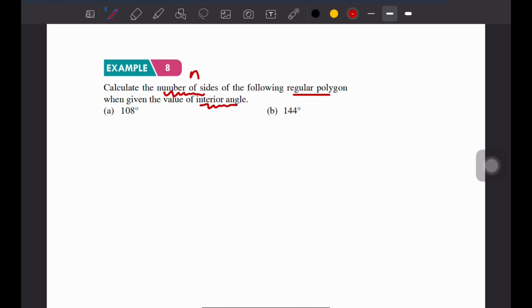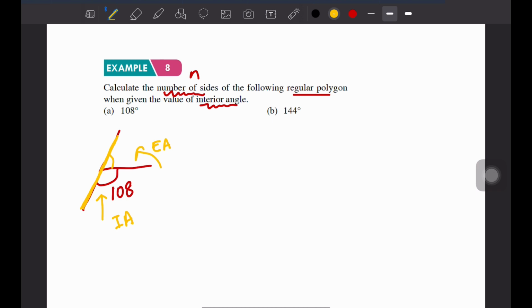Now we know the interior angle is 108. Let me draw one side, where the interior angle is 108. Let's extend it, and we will get the exterior angle. I use yellow. Remember, this is the interior angle and this is the exterior angle. This is one straight line, am I right?